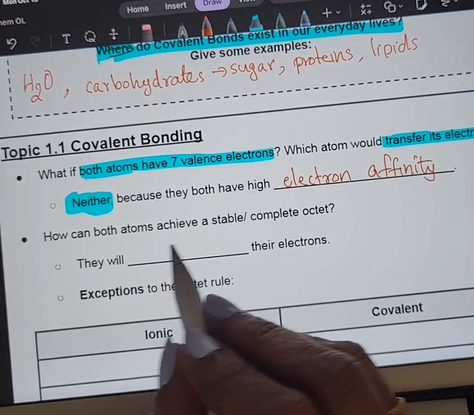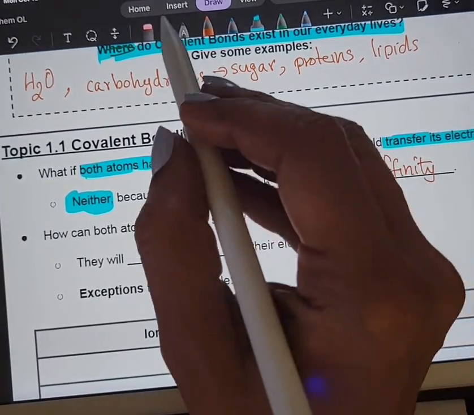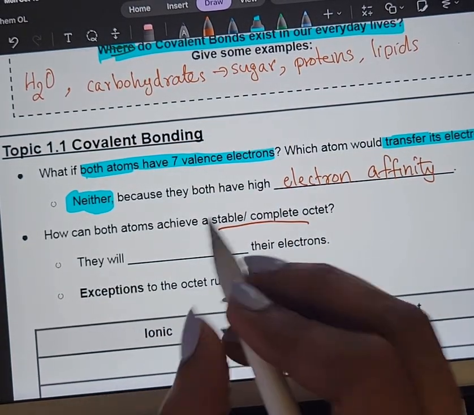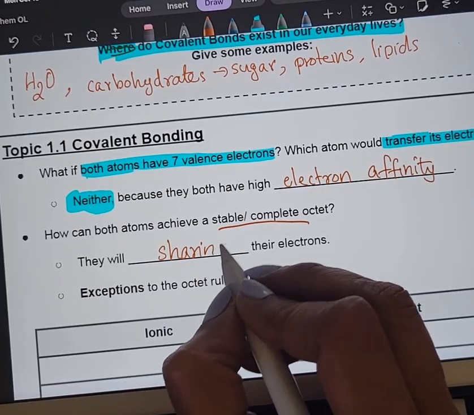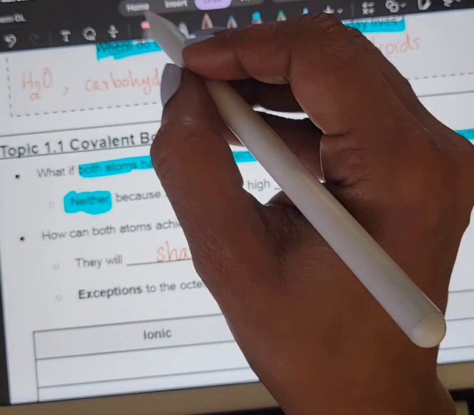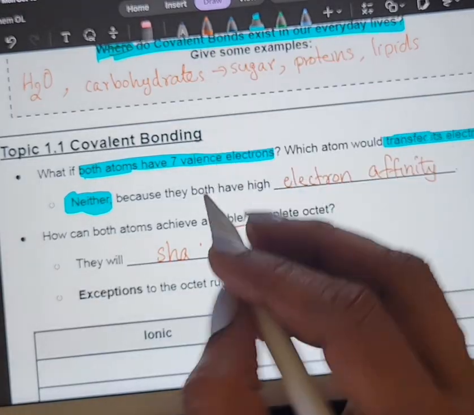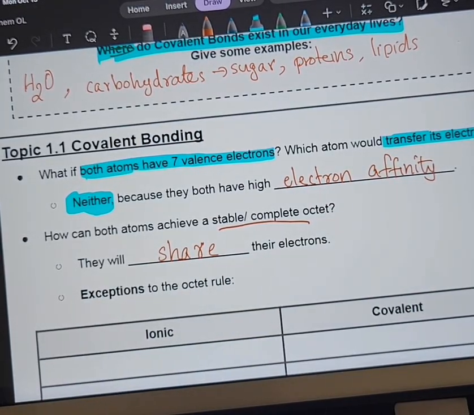Neither of them will donate an electron, but how will they attain octet then? By sharing their electrons. They will share their electrons to get an octet.